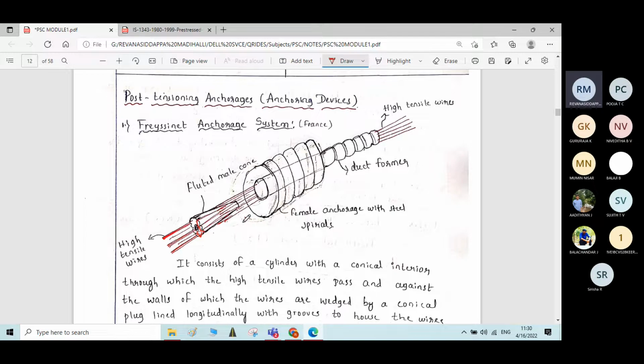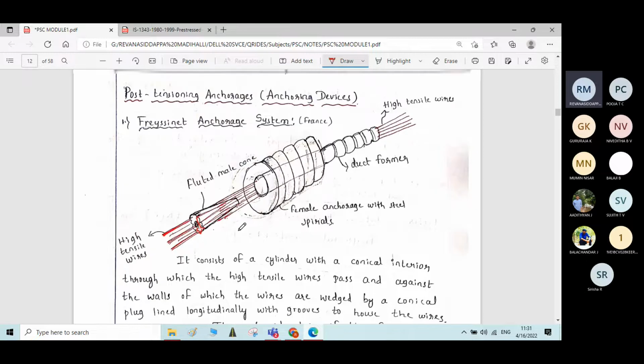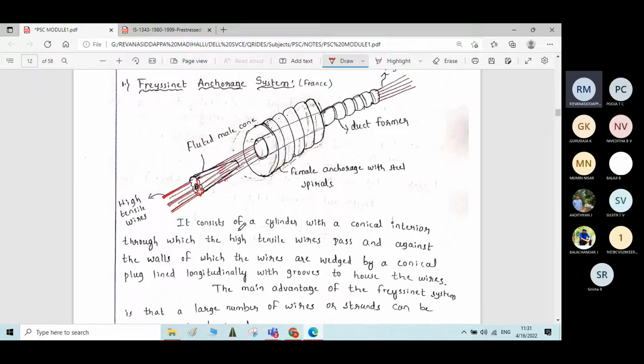So it has a fluted male cone through which the tendons will be taken. Here we have a gripping system where the tendons will be properly gripped and stretched to the required degree, and then the stress is released. This is the procedure involved in the Prestressed anchorage system.